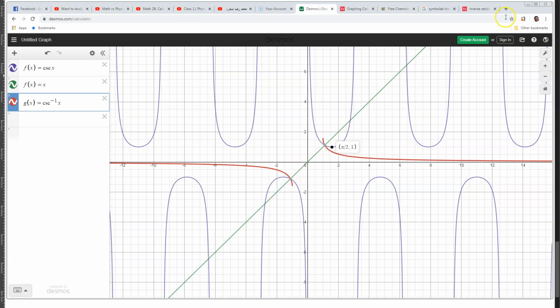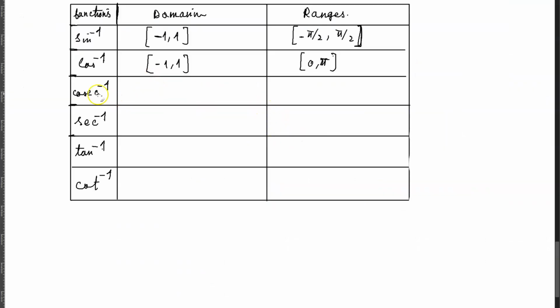So that means that the range of this function is now negative pi by 2 to pi by 2, and of course we have to exclude from that the set containing 0, right?